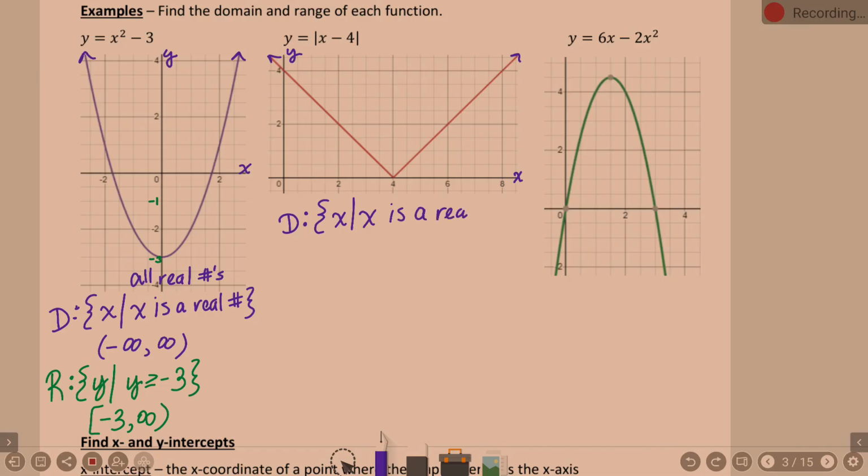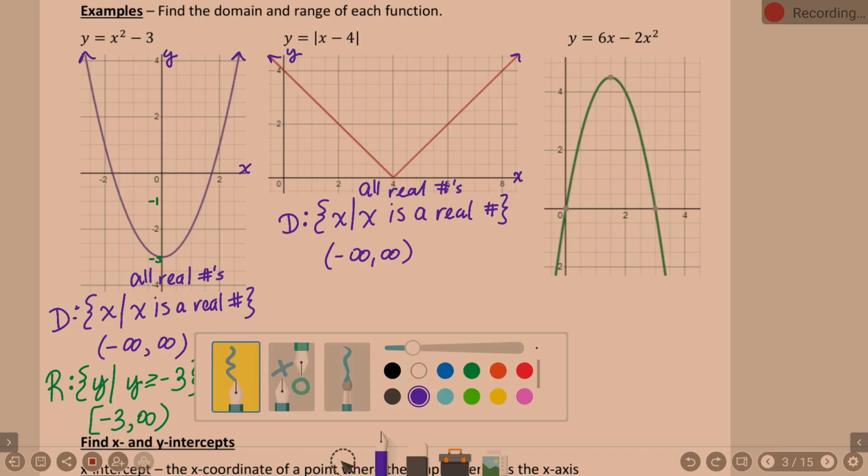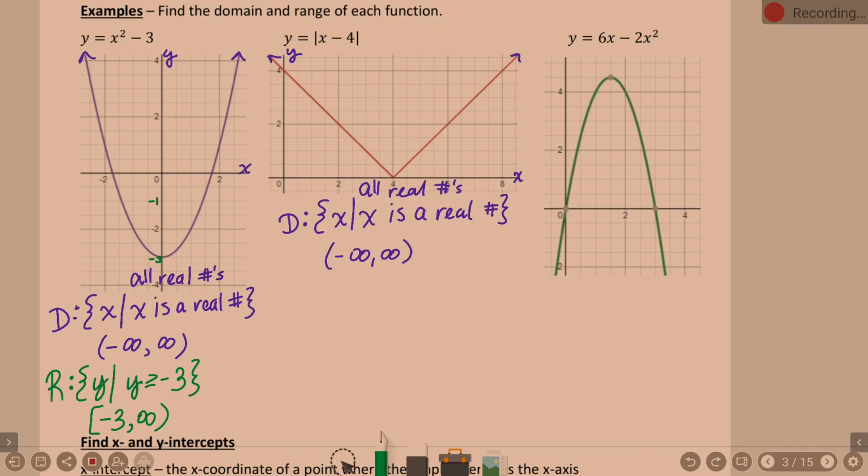We could have also said all real numbers, or interval notation, all real numbers, infinitely left to infinitely right, which is negative infinity to positive infinity. Okay, all are acceptable answers.